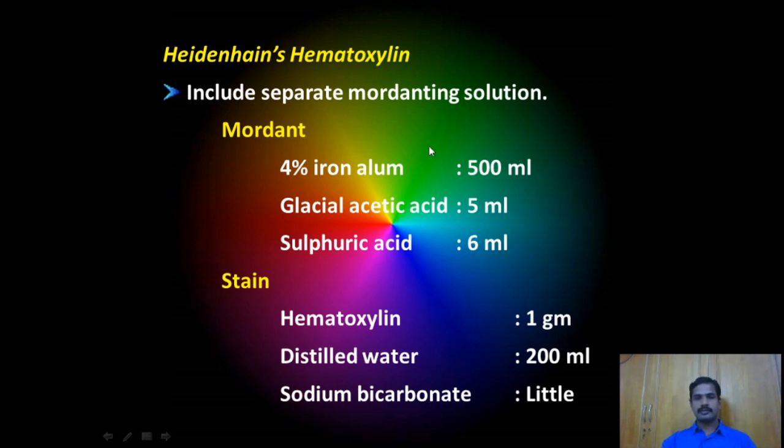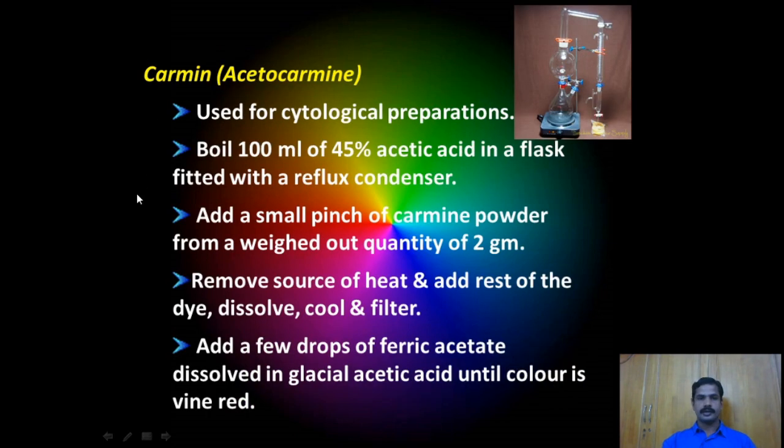This acts as mordant. Then 1 gram of hematoxylin, 200 ml of distilled water and little sodium bicarbonate. This hematoxylin powder and sodium bicarbonate are dissolved in 200 ml of distilled water, and these two are mixed. So that is the preparation of Ehrlich's hematoxylin.